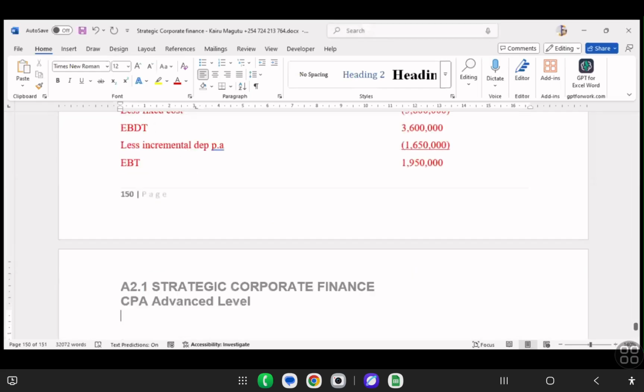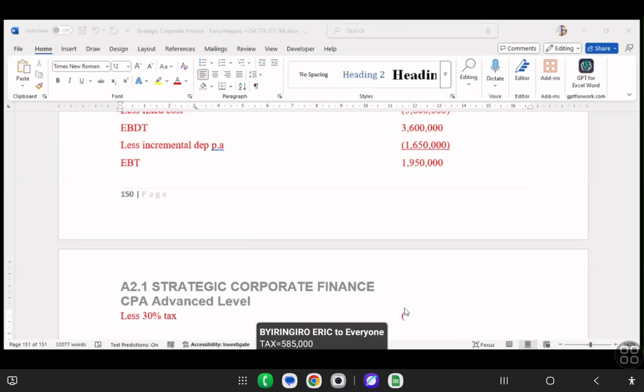1950, less tax. Remember we had given initially the tax rate was 30% tax. How much is the 30% of 1950? 585,000.